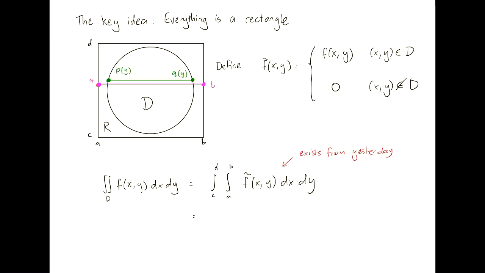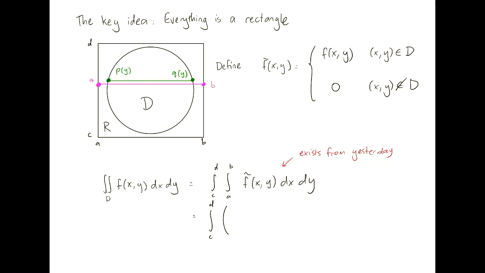So now we are integrating, and what we're going to do is say, well, this actually reduces to the integral from c to d, or more or less at least the bits where there is some domain, but we don't have to worry too much about that. The integral of 0 is 0.